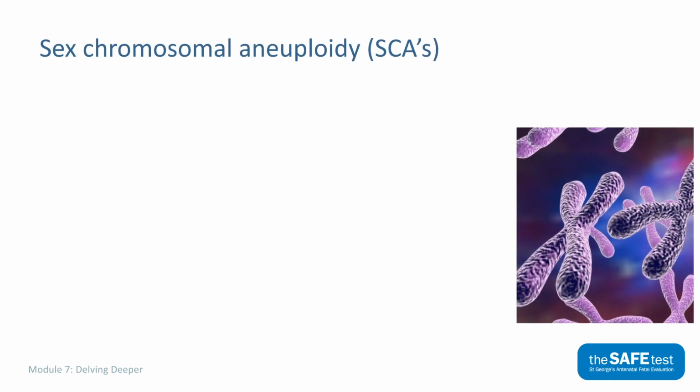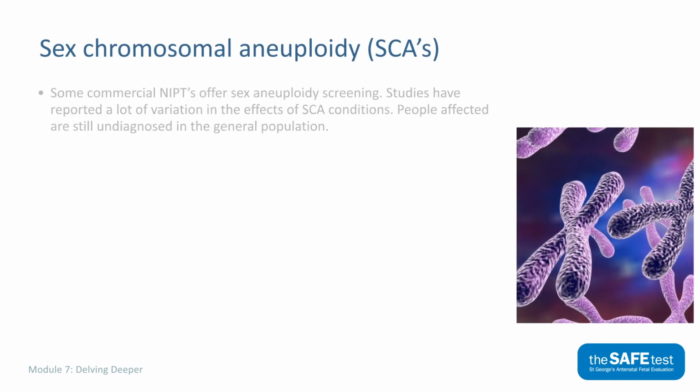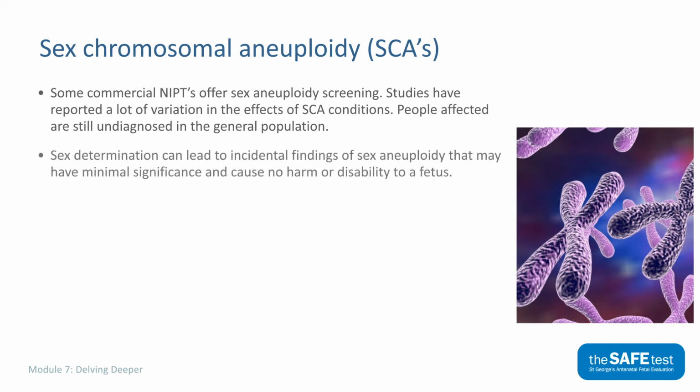Another consideration is sex chromosome aneuploidies, or SCAs as they are often called. Some commercial NIPTs include the option for SCA screening. Studies have reported a lot of variation in the effects of SCA conditions. Many people affected remain undiagnosed in the general population.